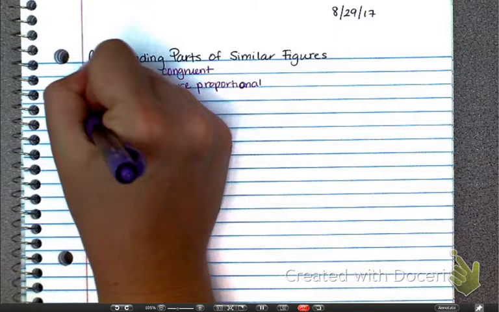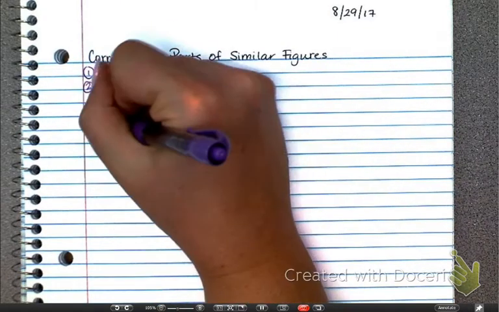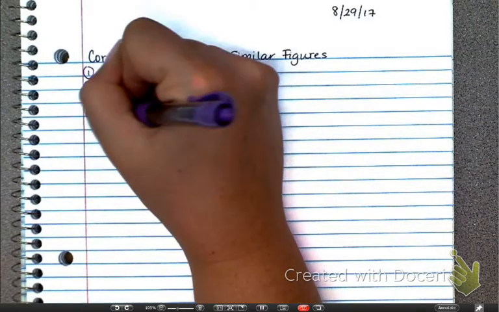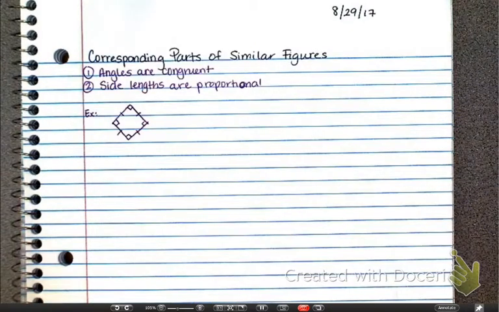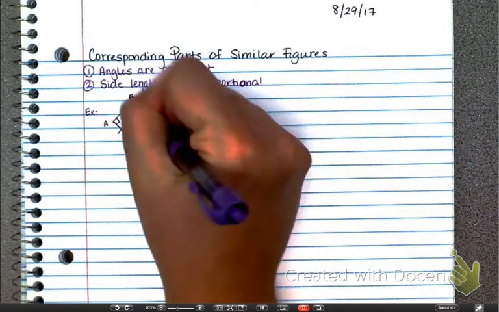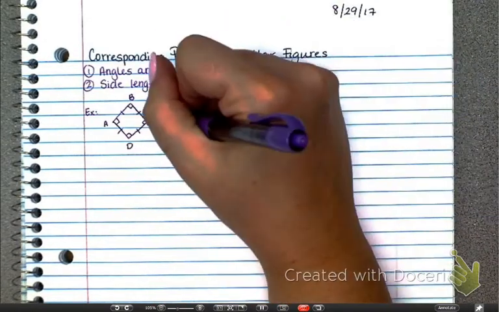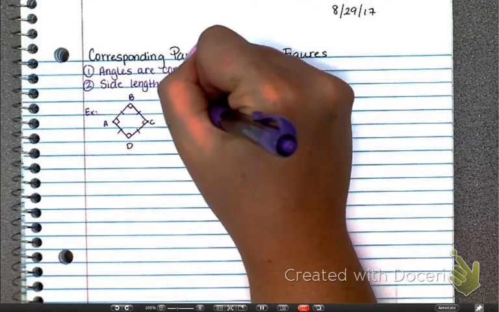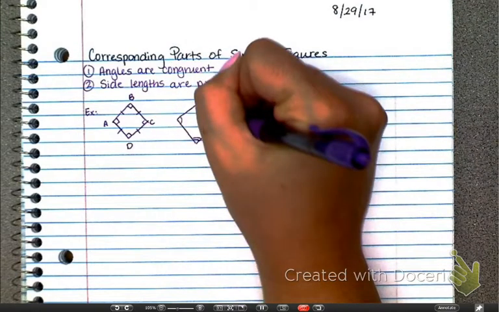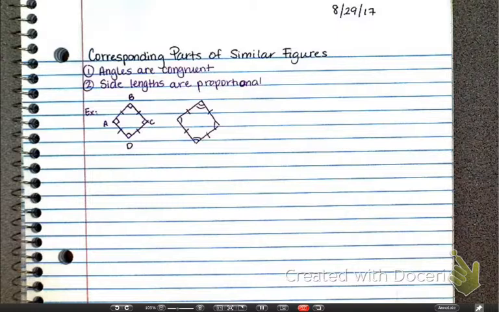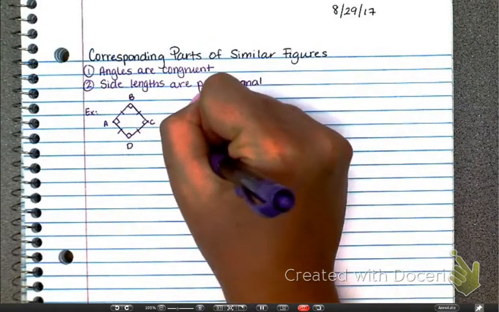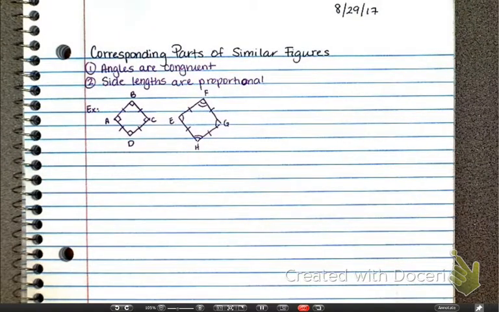You're going to have to draw. So here we have two figures, A, B, C, D. I'll give you a second to draw.